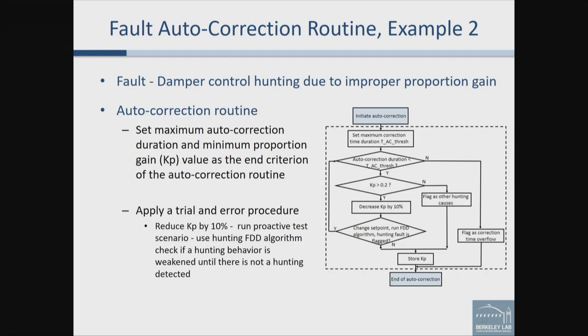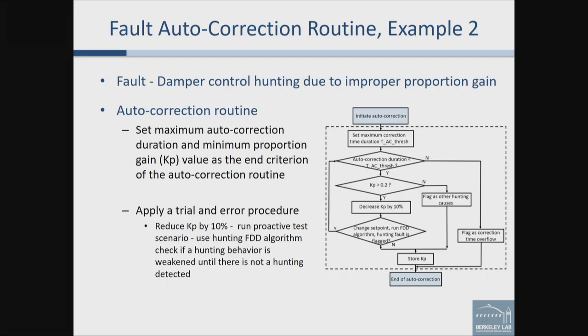So we select a time when the system is not in operation, usually unoccupied time. Then we start the system and adjust the proportional gain, the KP value, little by little. Every time, for example, we reduce the value by 10%, and then we run a proactive test.